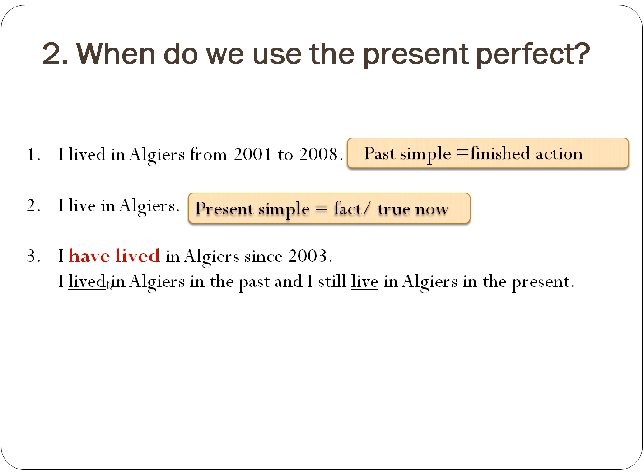What about the third sentence now? I have lived in Algiers since 2003. The meaning of this is I lived in Algiers in the past and I still live in Algiers in the present. Okay? This is why we use the present perfect.